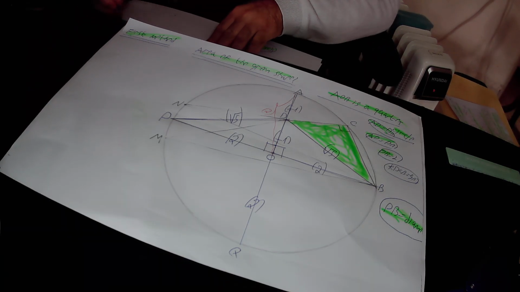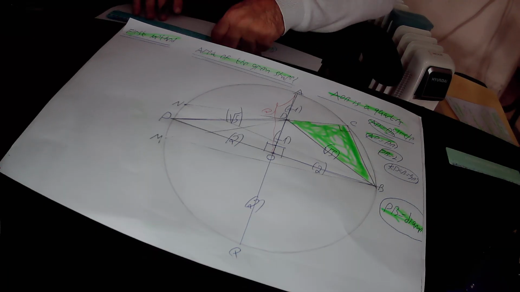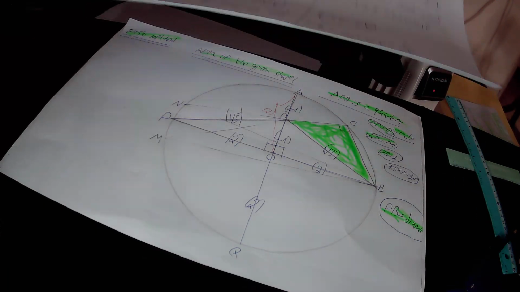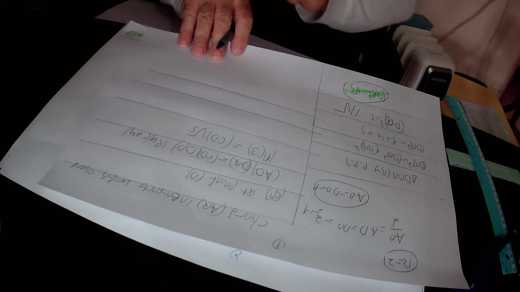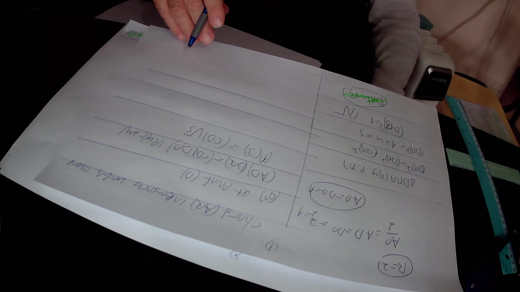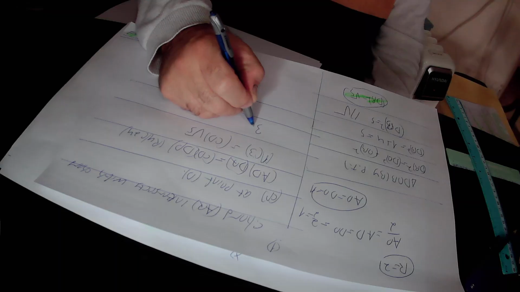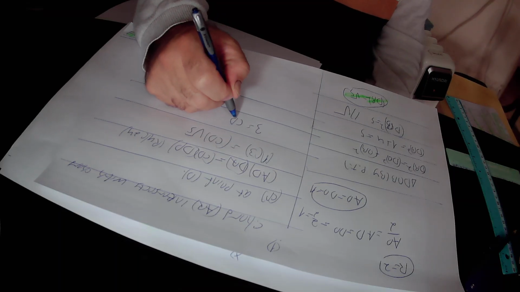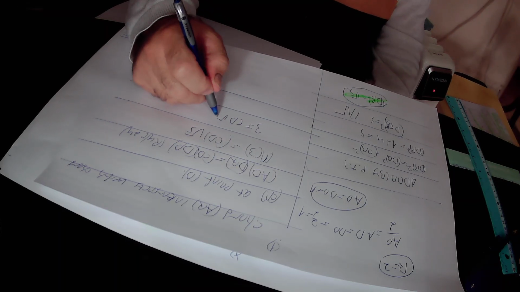So in total, according to rule 24, we have found out that 1 times 3 equals CD times square root of 5. 1 times 3 is 3, so 3 equals CD times square root of 5.